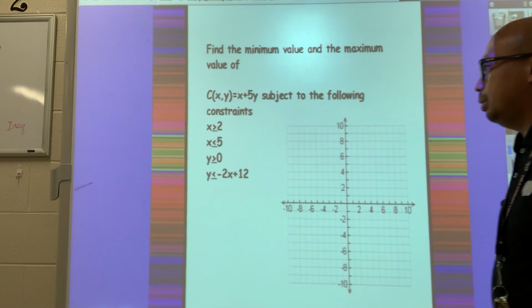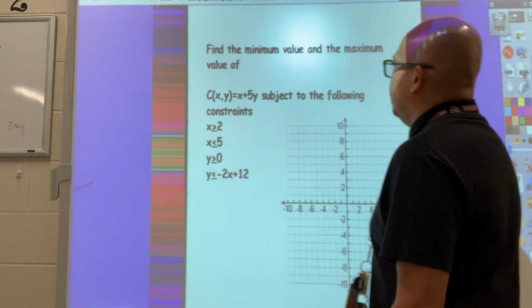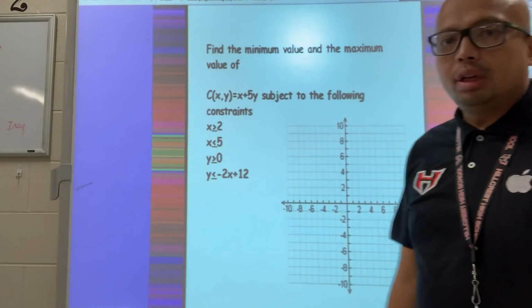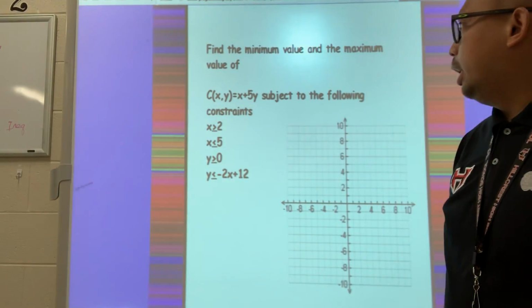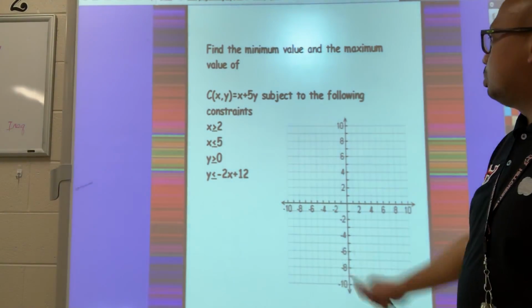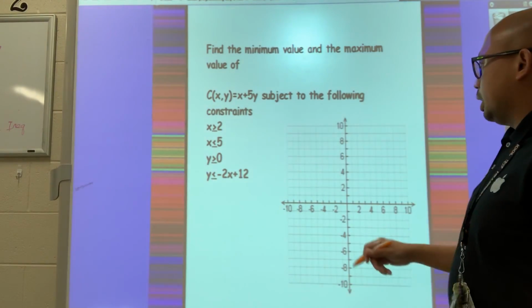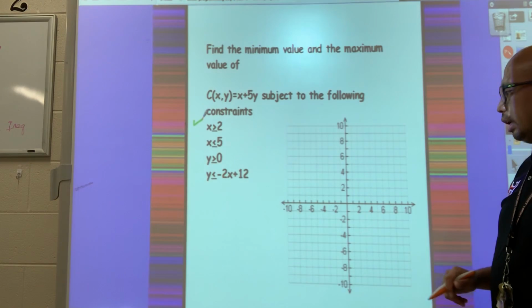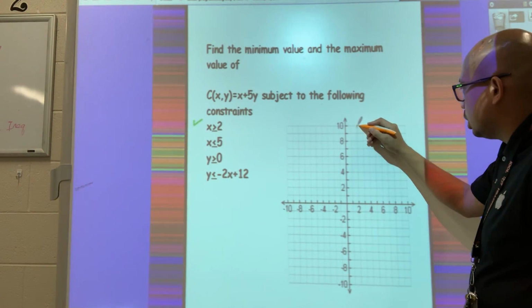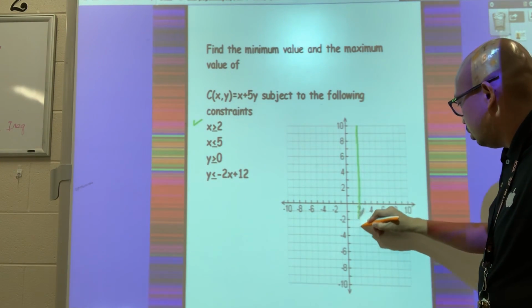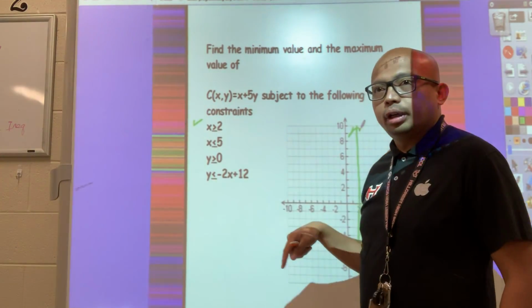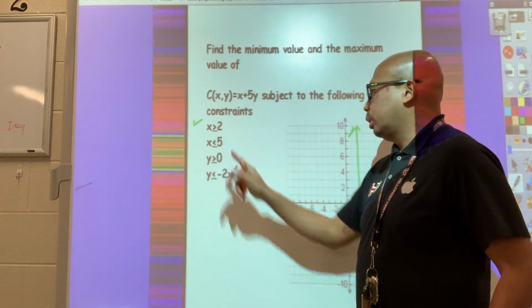So let's look at this problem here. Find the minimum value and the maximum value of C equals x plus 5y, subject to the following constraints. First, x greater than or equal to 2. We graph that at 2, with a solid line. And this green one here, x greater than or equal to 2, is going to the left or right?